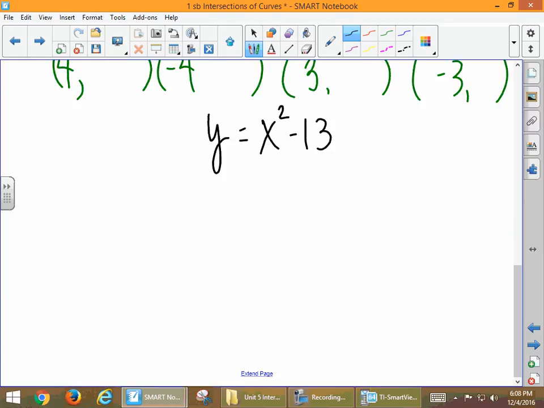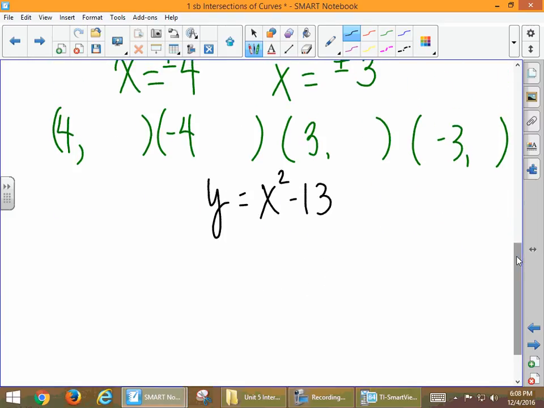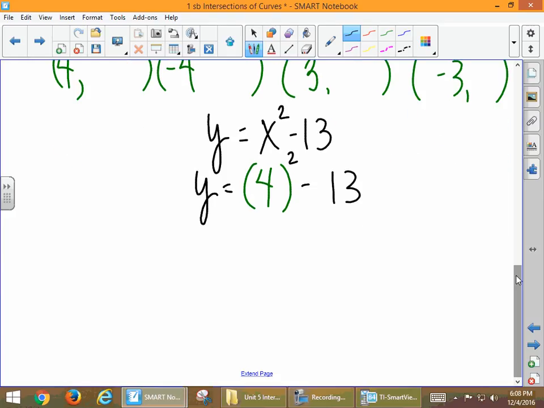And the nice thing is, on this problem, whether we put 4 back into the equation or whether we put negative 4 back into the equation, when we square that, we get 16 minus 13, which is 3.